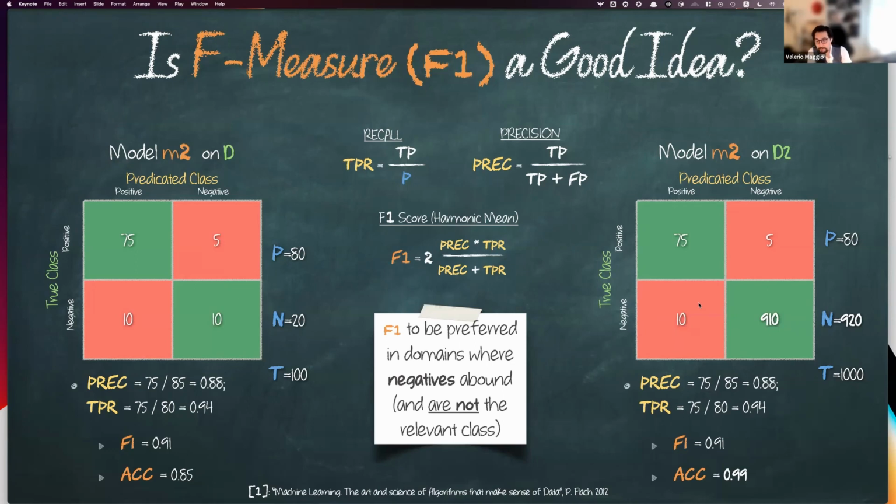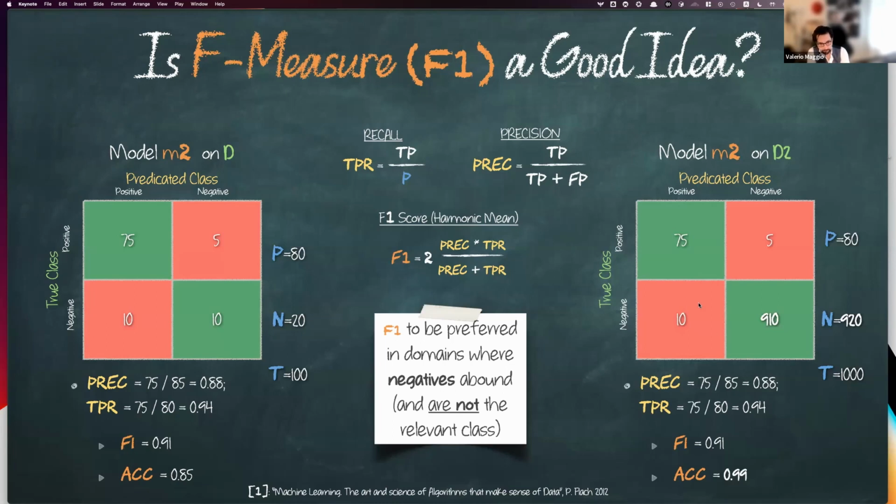Here we have lots of negatives, but negatives are not the interesting bits. In this classification problem we want to do better on the positive ones. So if we look at just accuracy, we would definitely go with M2.